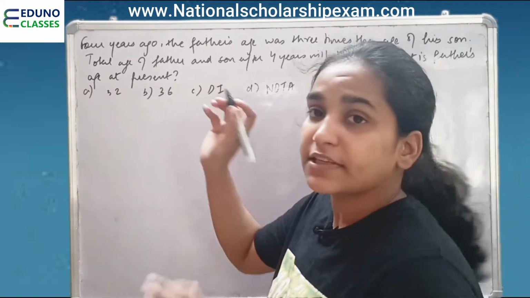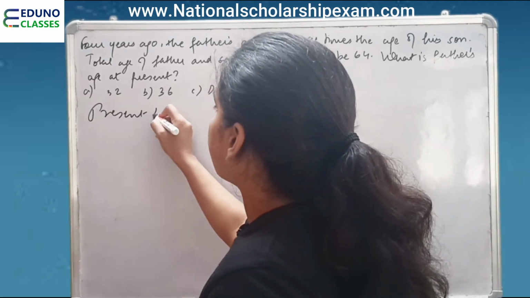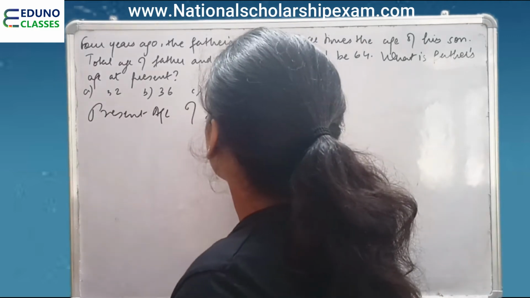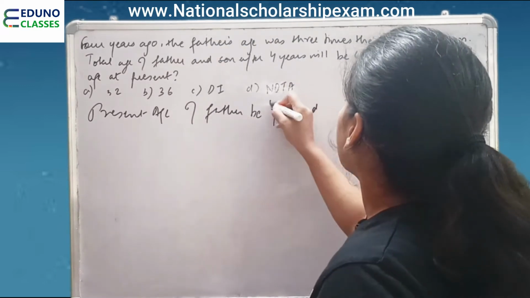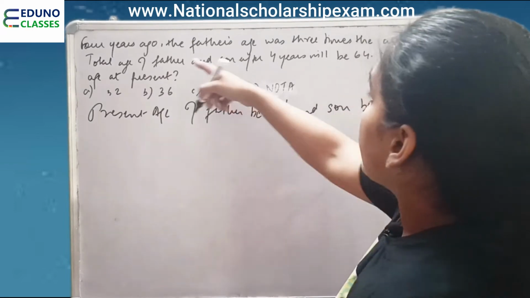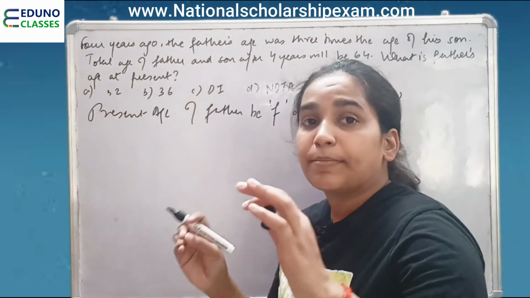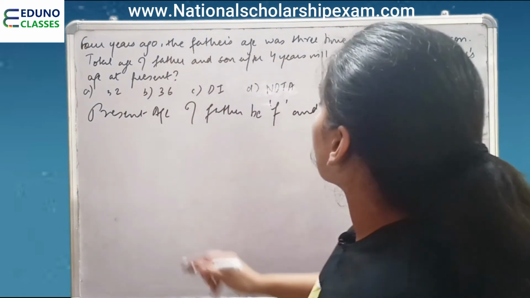Let us first assume the present ages of father and son. Present age of father be F and son be S. 4 years ago, that means we have to subtract 4 years. The father's age was 3 times the age of his son.